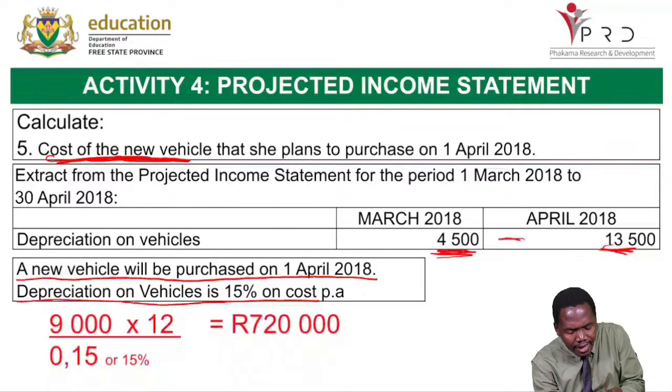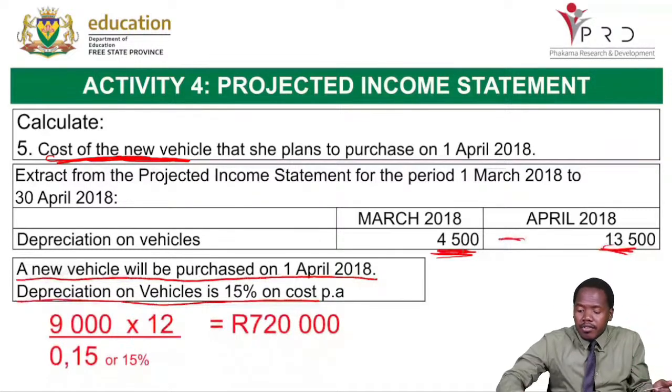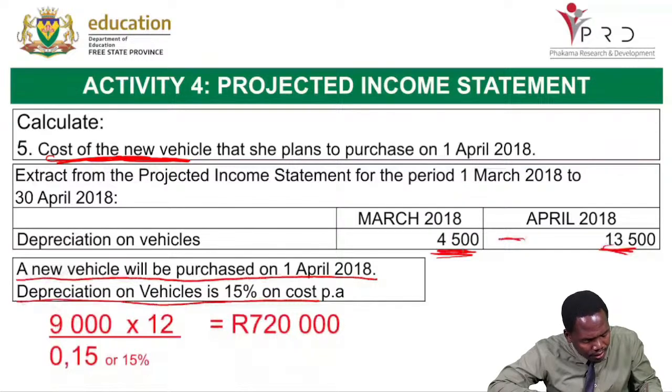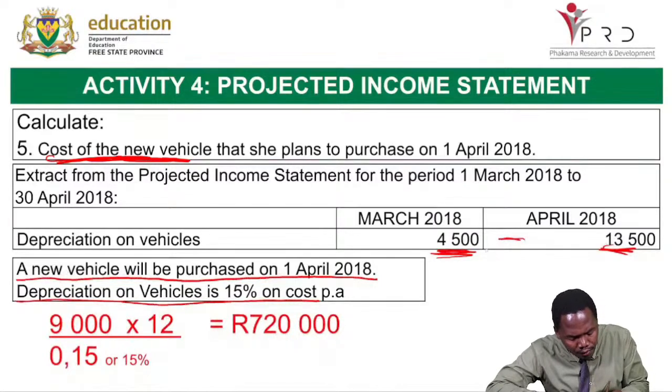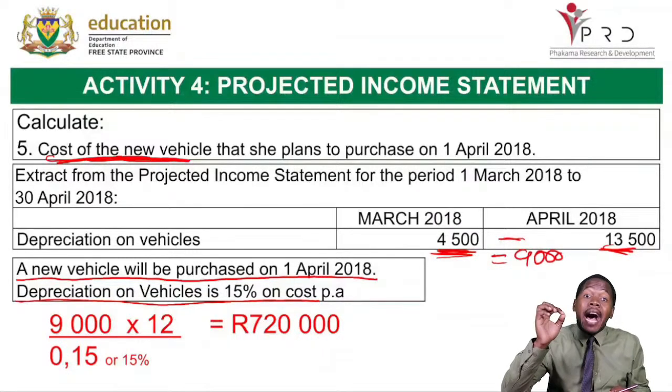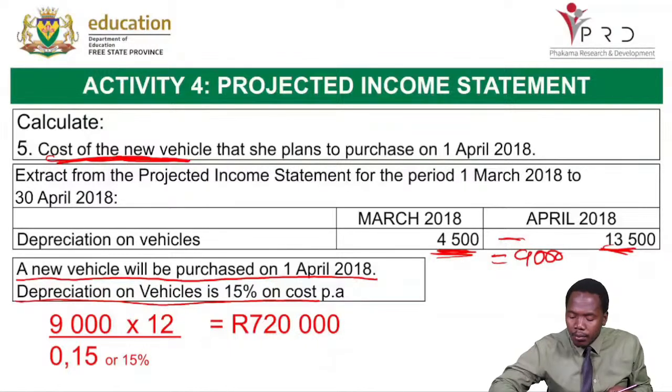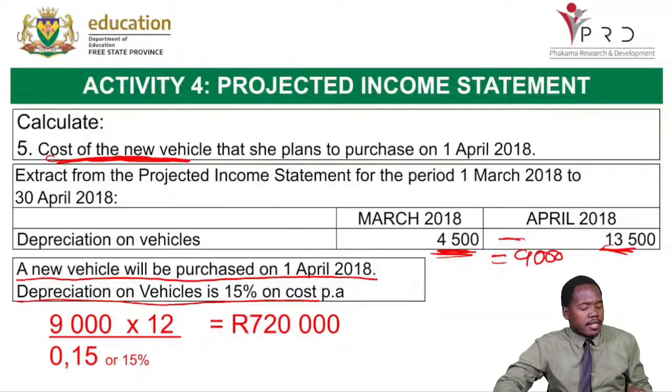Okay? Now, let us see how this is done. We can again get the difference, just like we did with the interest rate for deposit. We can say 13,500 minus 4,500, then we get the 9,000, okay? And then that is per month. Remember, for you to get all the months, we say times by 12. Then we get 108,000.